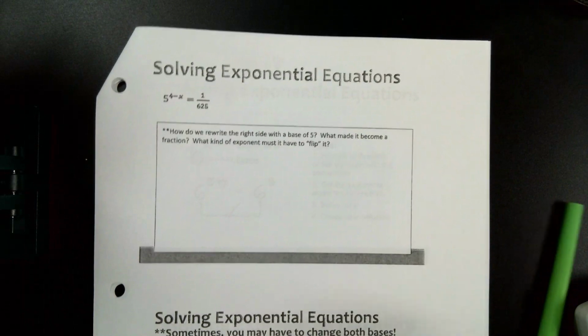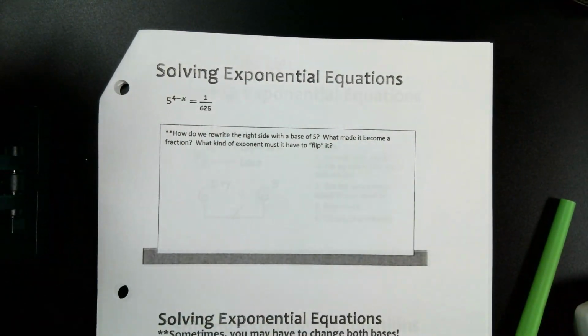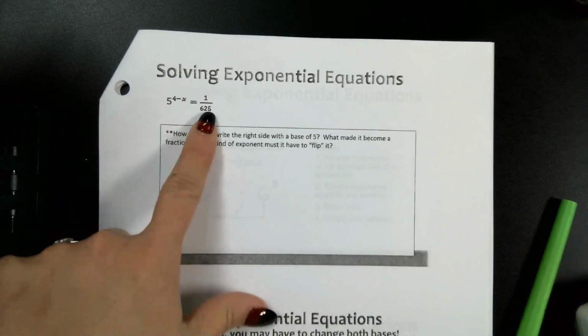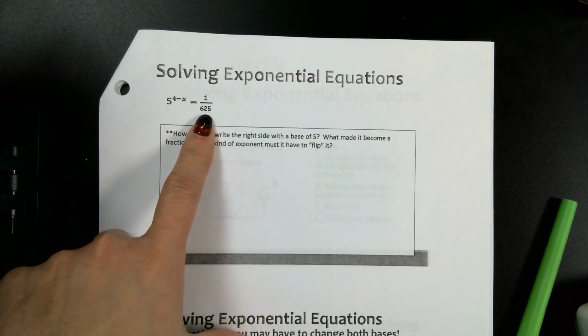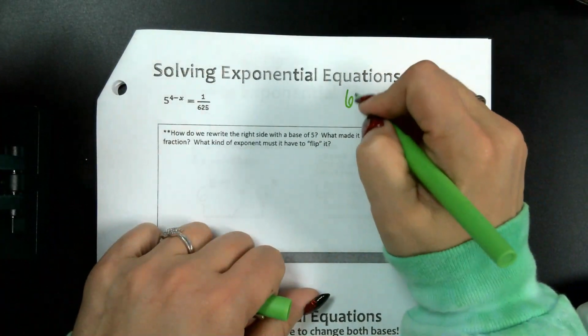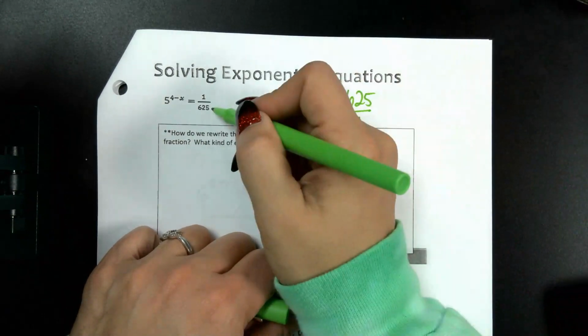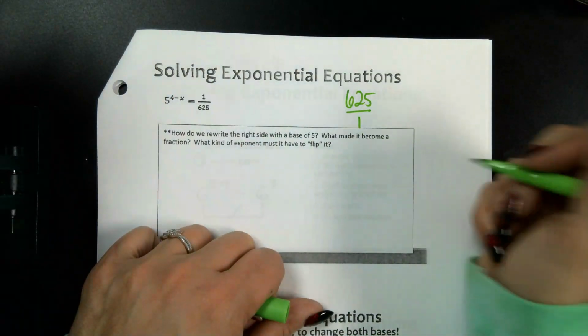Good? Okay. So, the minute I see this fraction over here, I immediately started thinking, okay, wait, that's just the number 625 flipped, right? If you had 625 as a whole number, it would be 625 over 1. So all they've done is the reciprocal. They flipped it upside down.